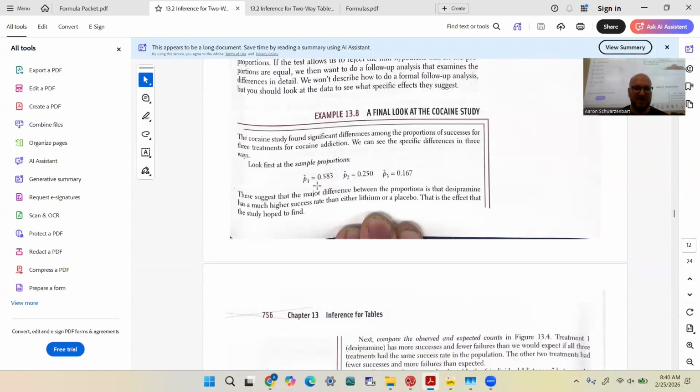So follow-up analysis, what we do is we do a two proportion z-test to see, is this different from this? And is this different from that? You could do this one if you wanted, but probably not worth it. Well, I suppose it's pretty easy to run the tests on a calculator.